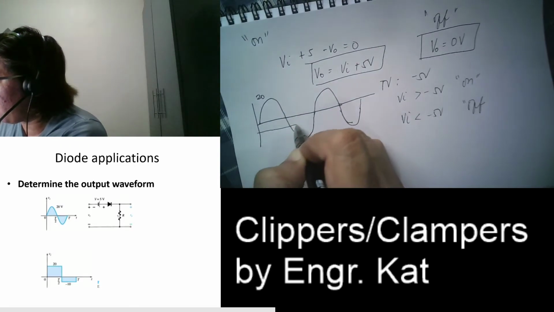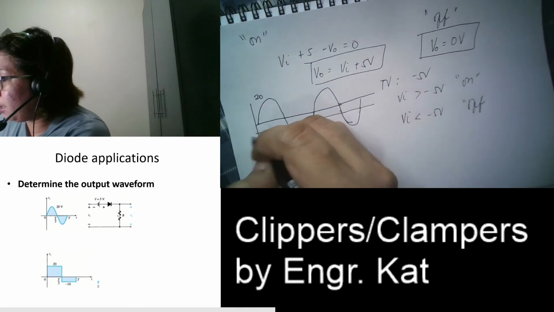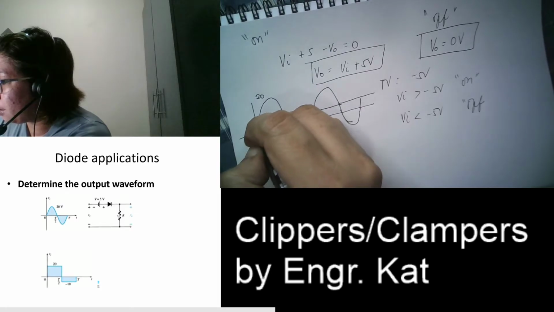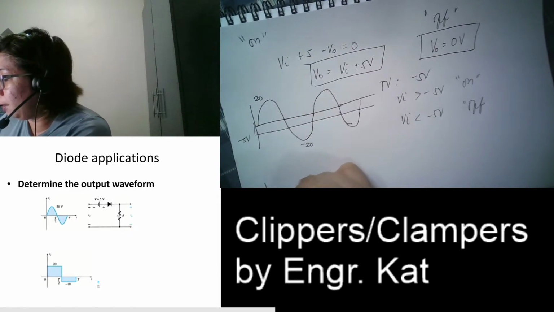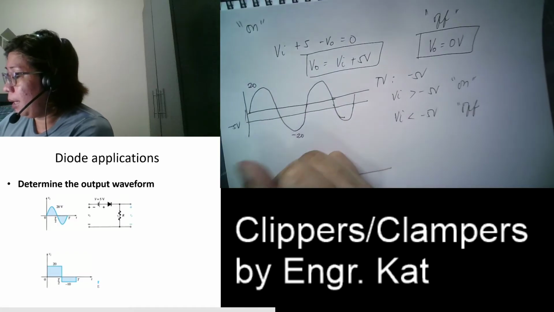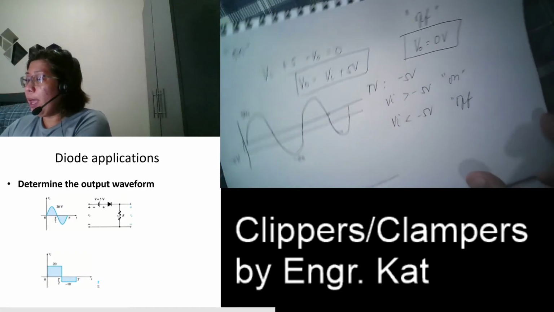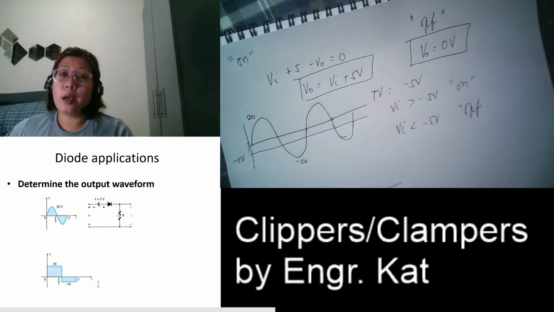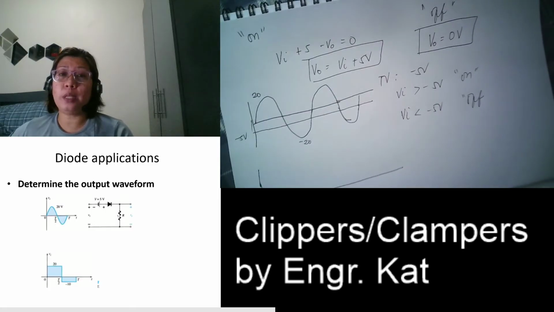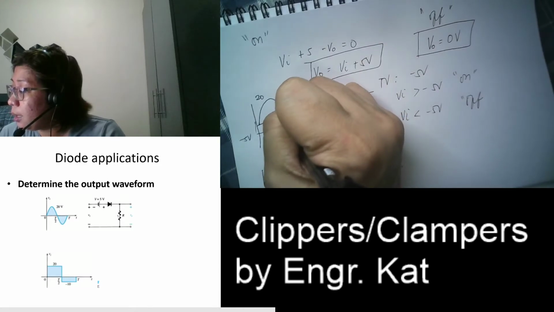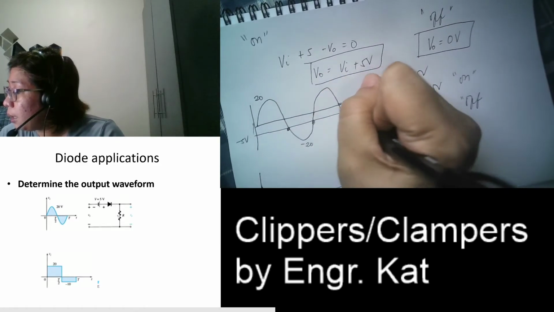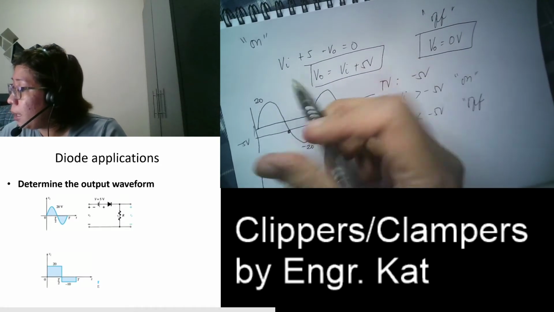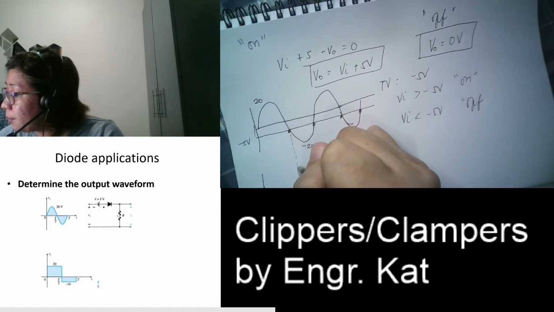This is negative 5, so this is your negative 5 volts. Let's have a sketch. When will your input be equal to negative 5? Those are the transition voltages. So, this one, this one, and this one. Okay, so let us project that.